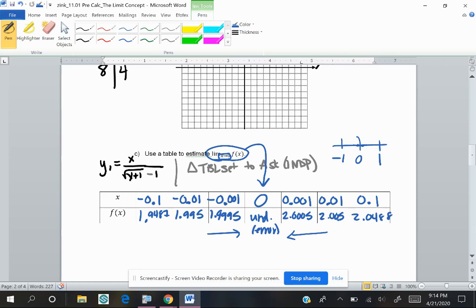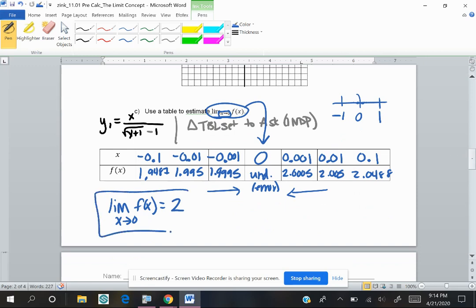And over here, as we come from the right side, we look like we're getting closer and closer to 2.0005, so 2.0. So it looks like the limit as x approaches 0 of f of x appears to be approaching 2. Will it ever meet that limit? And the answer, so that's the answer to the question.